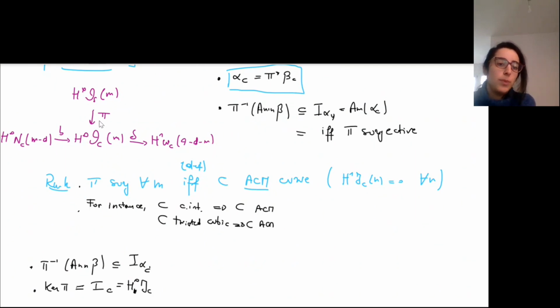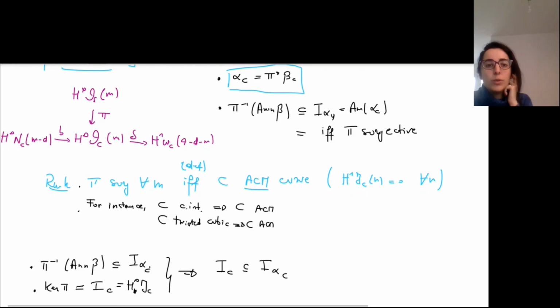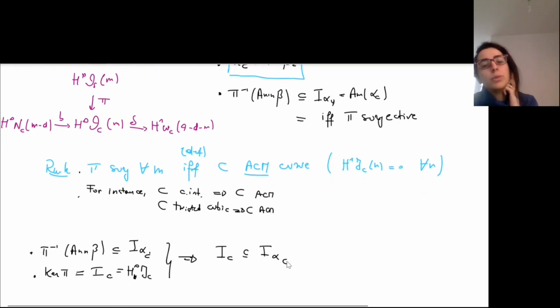So we see that pi minus 1 of 0 is contained inside the alpha C, because here it can be seen degree by degree, but the image of beta, because of the exactness of this sequence. So the curve here is the image here. So pi minus 1 of 0 is contained here, and so we're dealing with something that we're interested in.